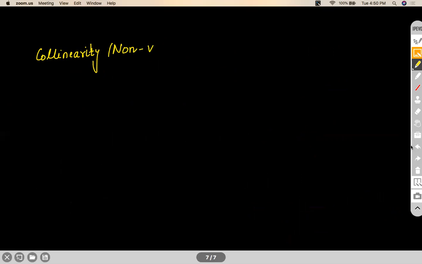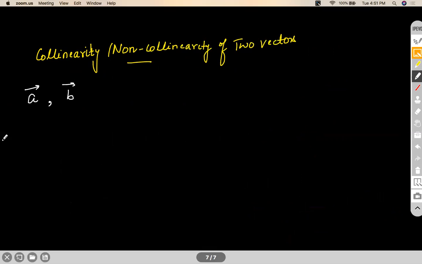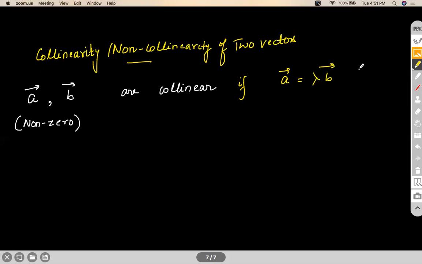Two non-zero vectors A and B are said to be collinear, as I've already discussed with you, if one can be expressed as a linear combination of the other.